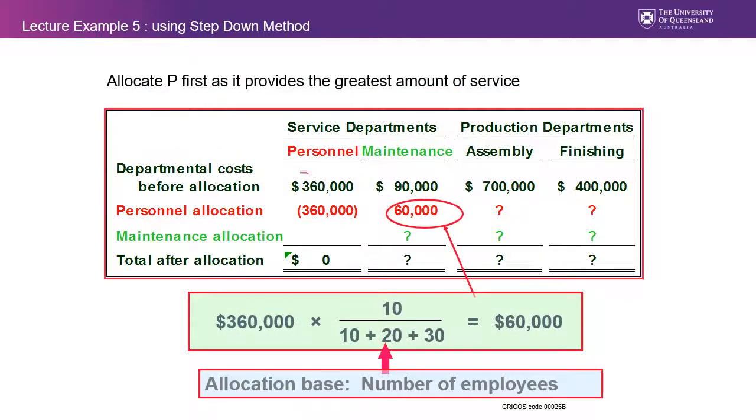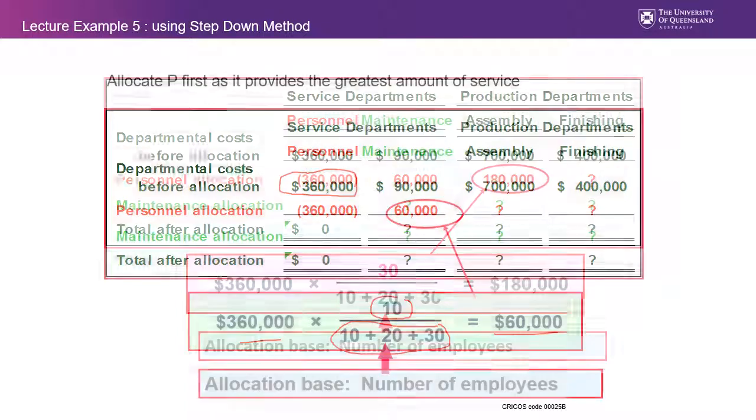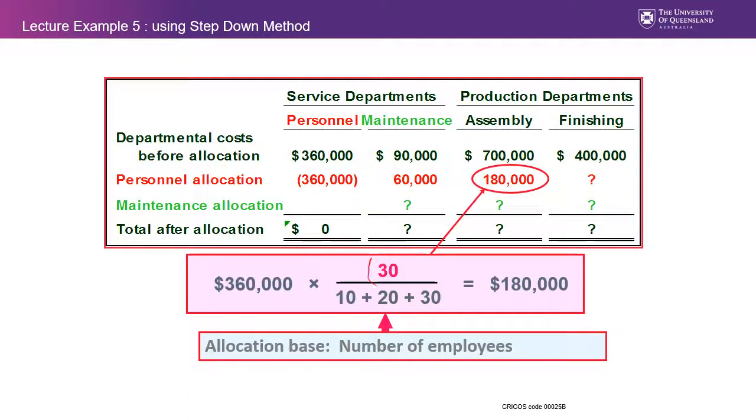So personnel was 360,000. We knew that there were 60 employees in maintenance, assembly and finishing, and 10 employees in maintenance. So we're going to allocate of the 360,000, 60,000 to maintenance, 180,000 to assembly because there were 30 employees in assembly. So that's the same numerator, 10 plus 20 plus 30.